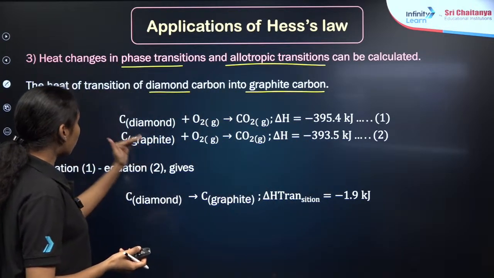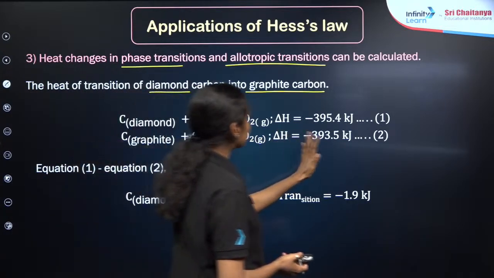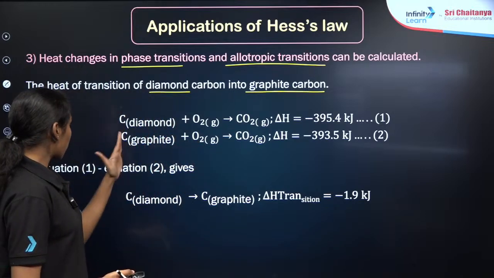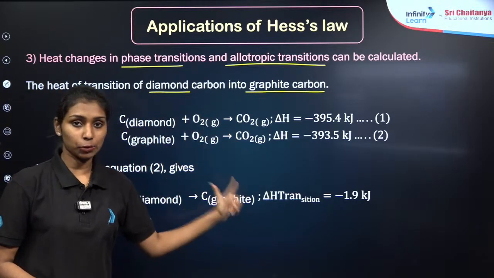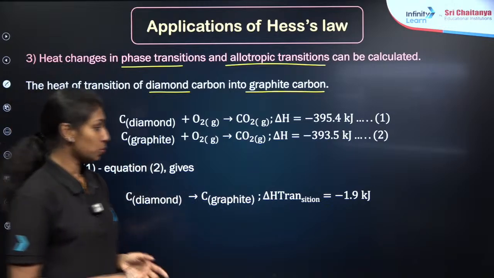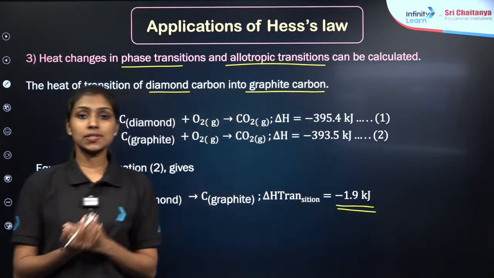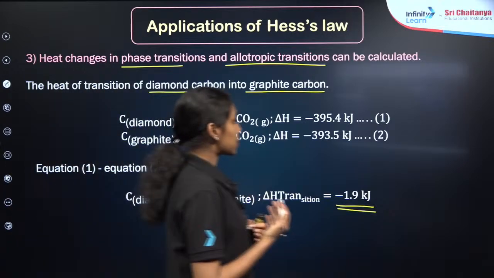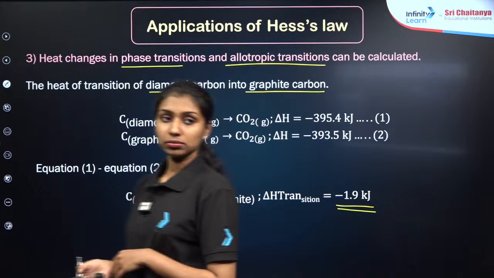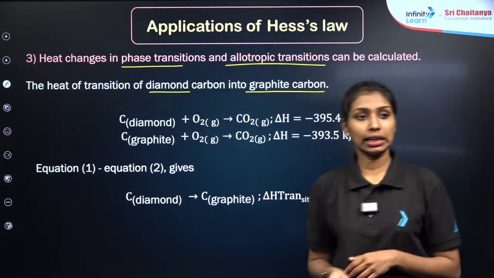Then in the second step, graphite is converting to carbon dioxide, having the energy of minus 393.5 kilojoule. While you are taking the difference between these two equations, that is equation 1 minus equation 2, you will get the answer of delta H transition equal to minus 1.9 kilojoule. This is also based on the application of Hess's law of heat summation. Clear?